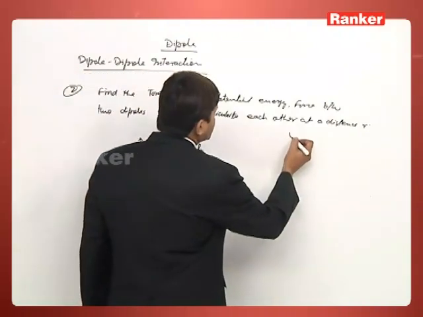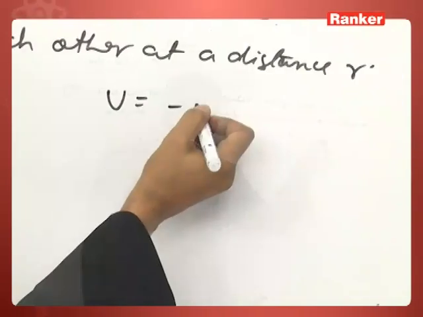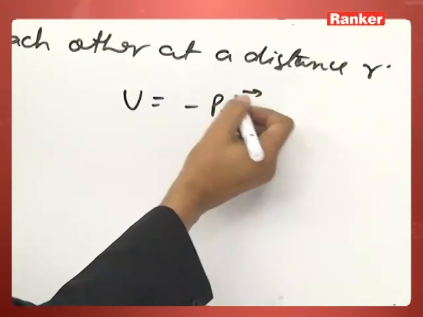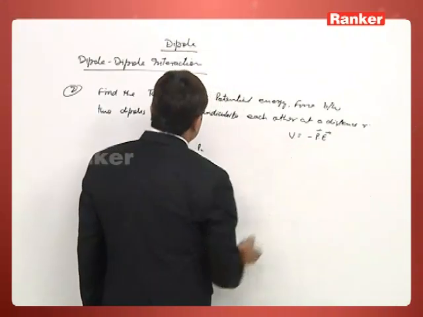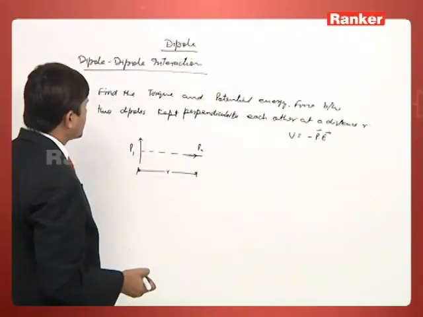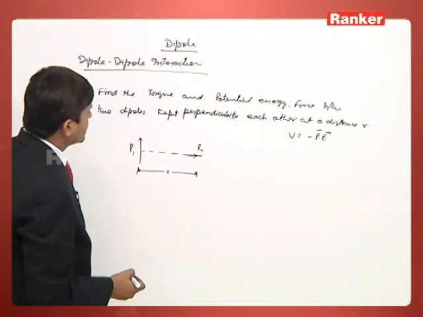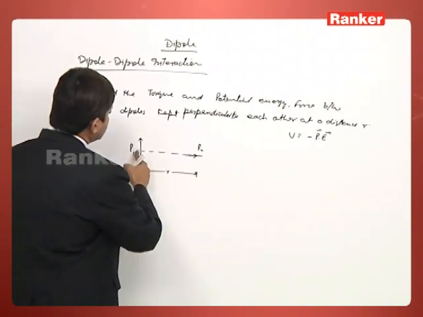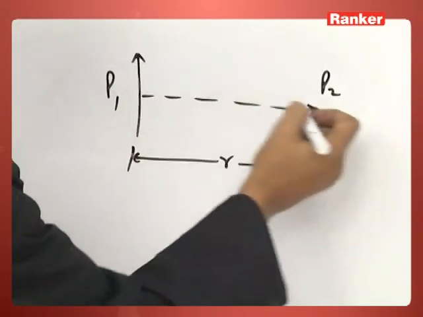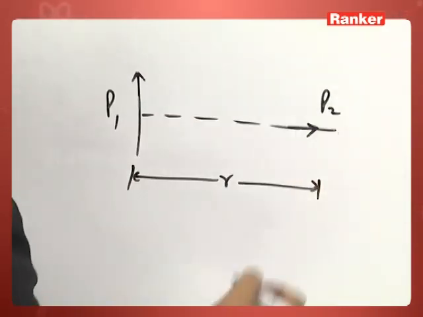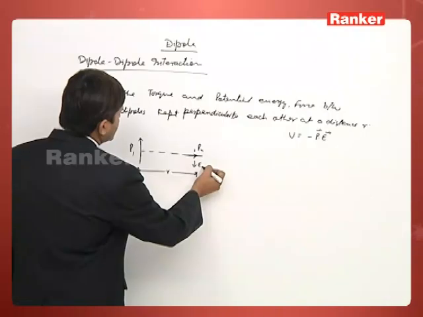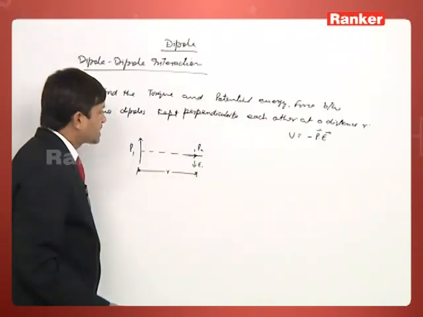As we know, potential energy is minus P dot E. Now we will calculate how much is the force and potential energy. Due to the P1 here, this is at equatorial position, so the electric field here is in this direction.